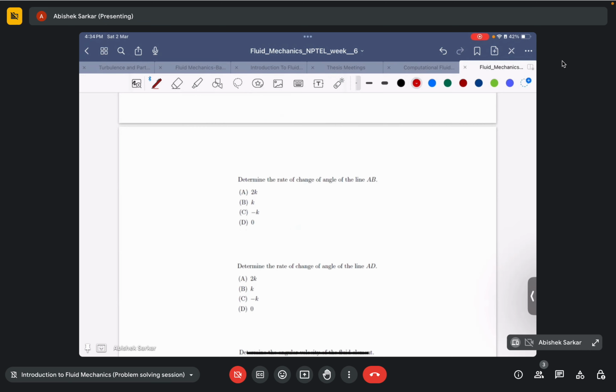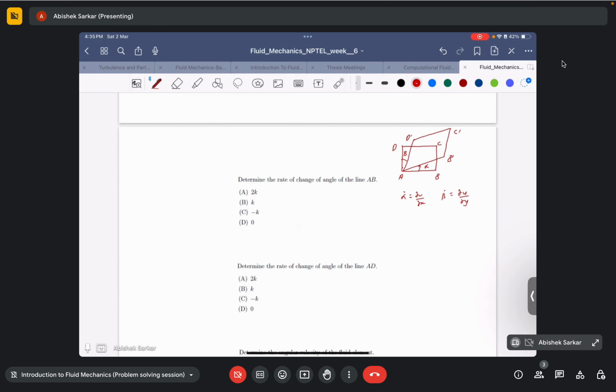As we discussed in today's session, if this is the fluid element and this is the deformation of the fluid element after some time delta t, with points A, B, B dash, C dash, D dash, D, C, and this is alpha, this is beta, then alpha dot was given by dou v by dou x and beta dot was given by dou u by dou y.